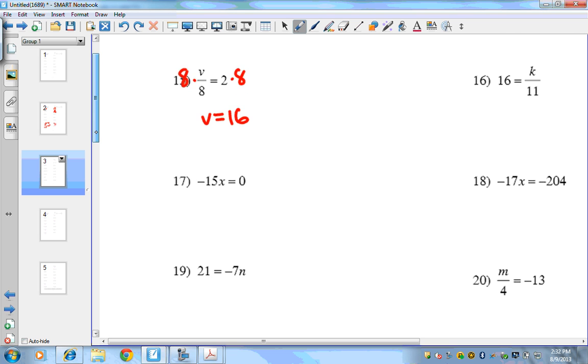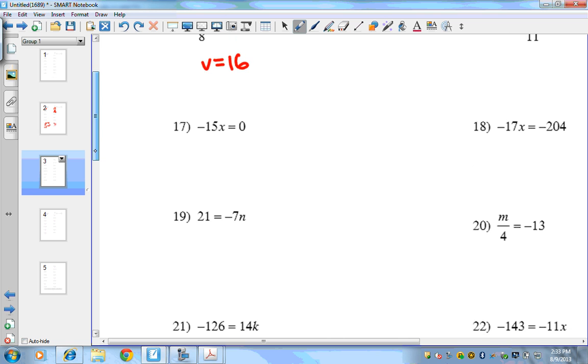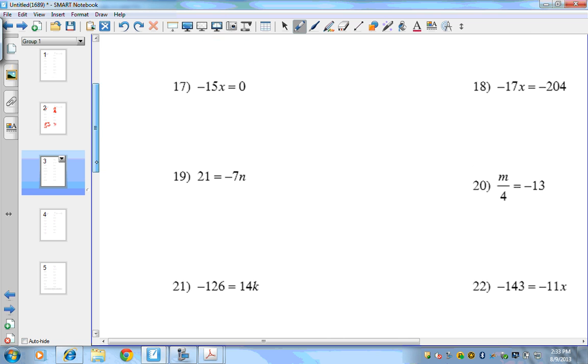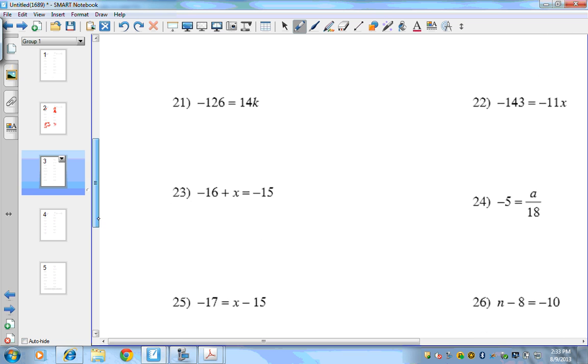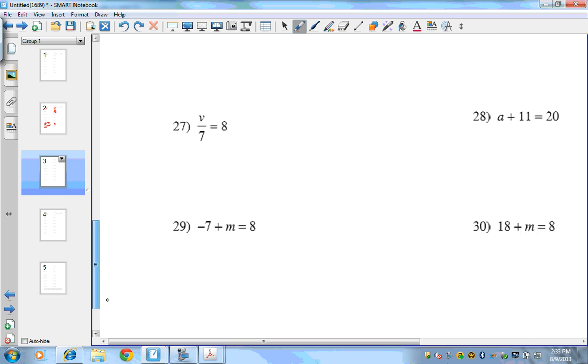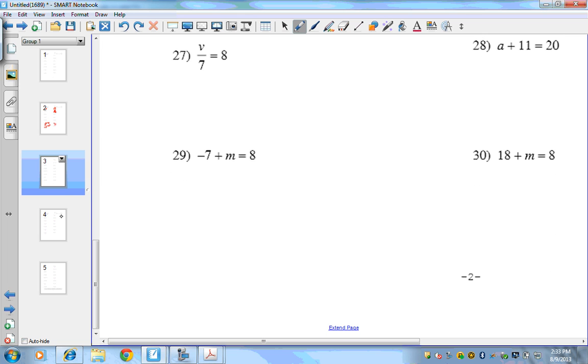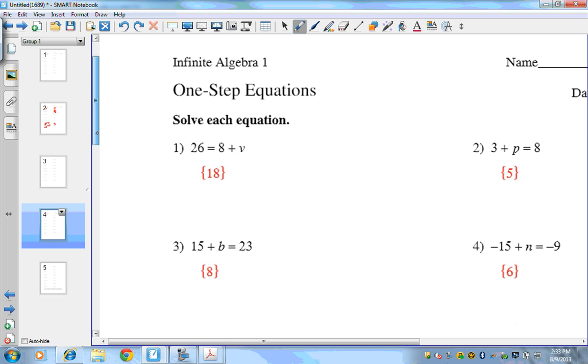Now, as I am scrolling down this page, if you would like to pause and actually attempt it, feel free to do so. And spoiler alert, here are all the answers to the problems that we just did.